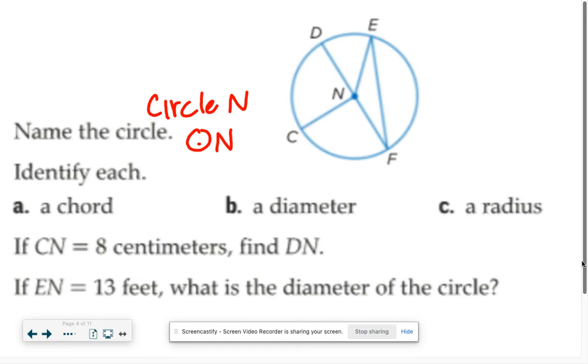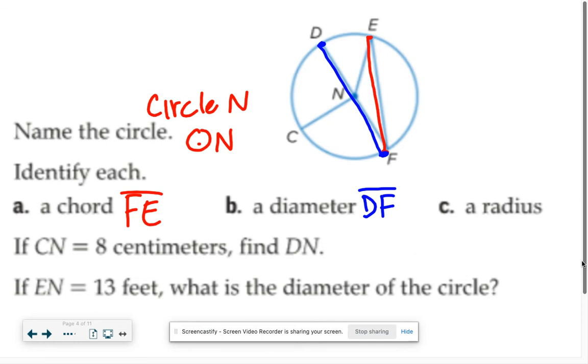Just remember both of their endpoints have to be on the edge of your circle. So like FE, this would be a chord. That's one. Remember, a diameter has to be a chord that goes through the center. So our only option there is DF.